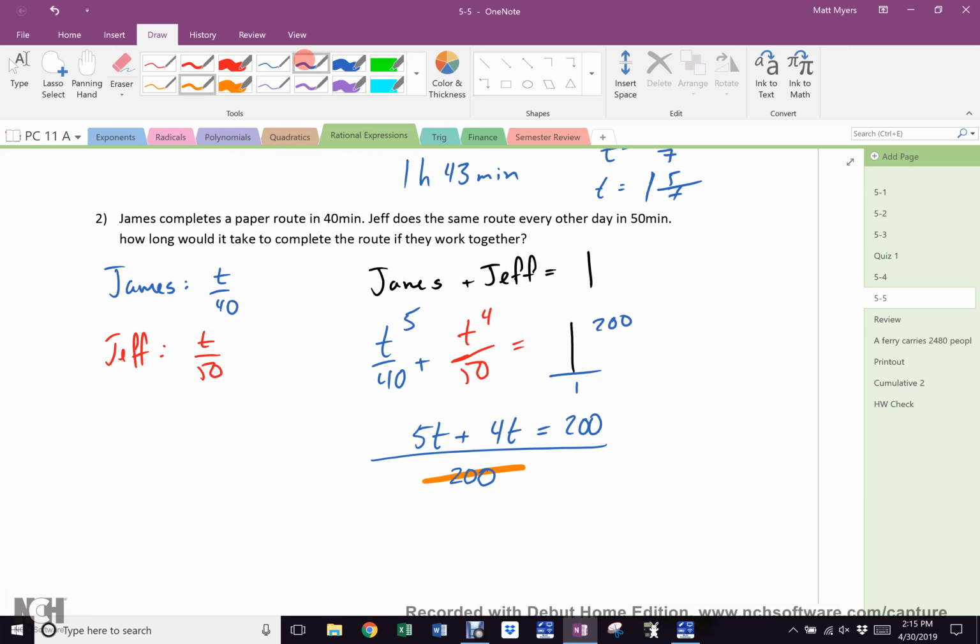No. 9t equals 200. What does t equal? 200 over 9, which is what? What is it? 22, isn't it? 22 minutes.